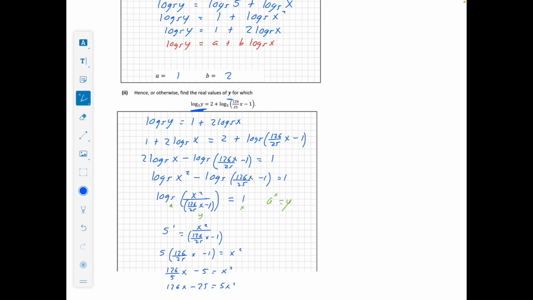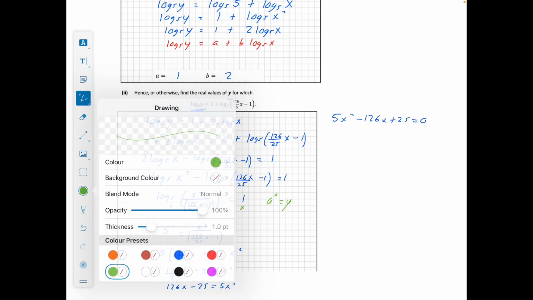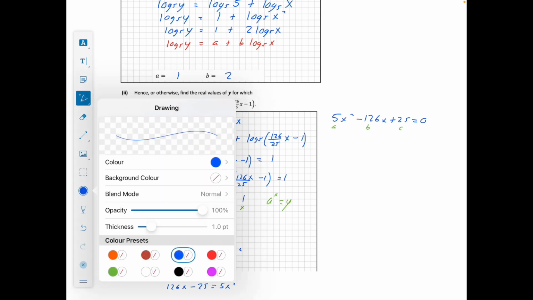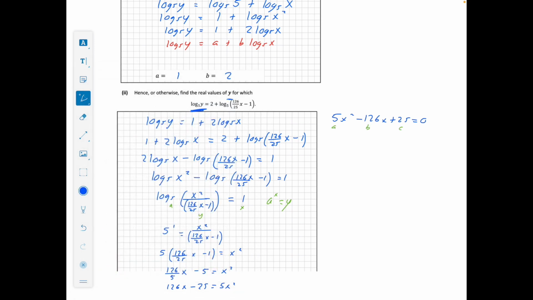Now, this to me looks like a quadratic because I have an x squared, an x and a number. So we're going to write it as a quadratic. Just go up here to the right hand side. So it'll be 5x squared minus 126x plus 25 is equal to 0. Now, it is probably possible to solve this using factorising, but I'm just going to use the minus b formula.